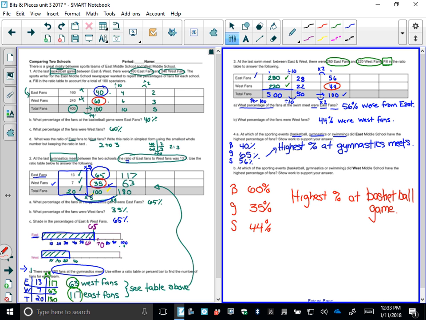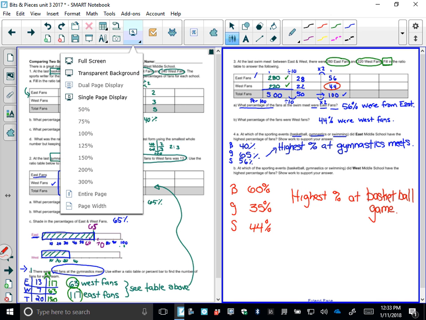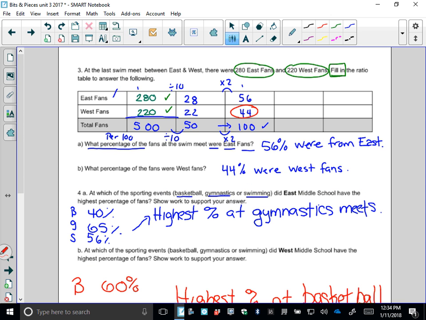So today, the takeaway is what we did different today was this was the first day that we had a problem where we had to figure out a total to create percents.